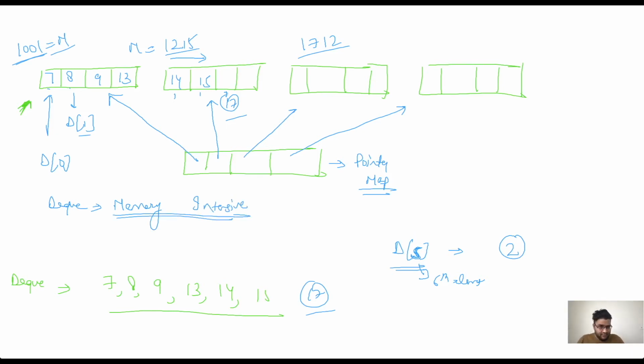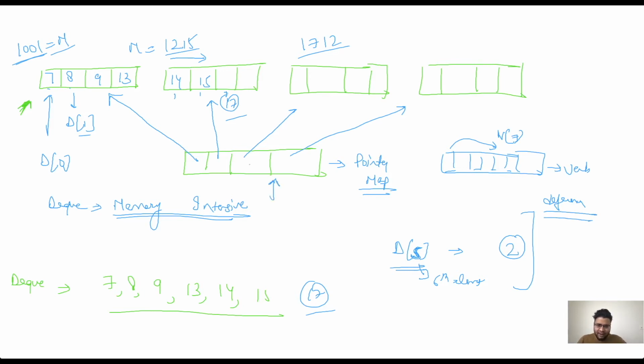Also for dereferencing a value, basically if I want to get a value at a particular index, I will have to make 2 calls, right? In vector we have a contiguous set of memory locations, right? This is the vector. In vector we can directly jump to, let's suppose, v of 7. Okay, v of 7 is here after 7 positions. But in DQ we first have to consult this pointer map.